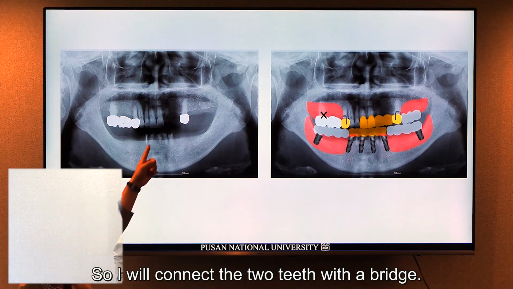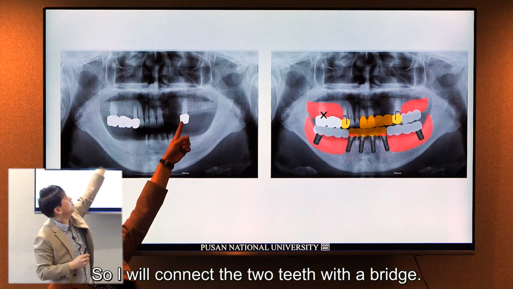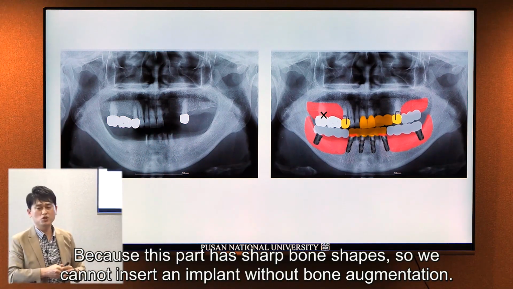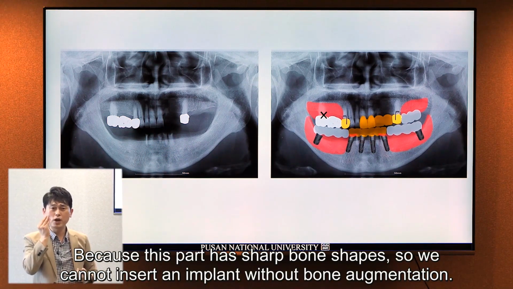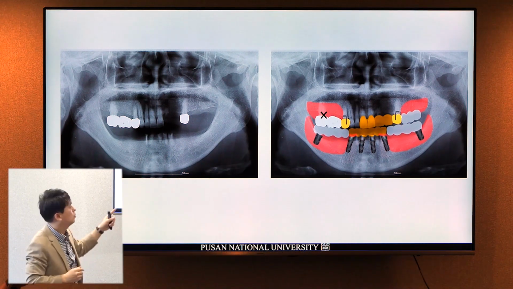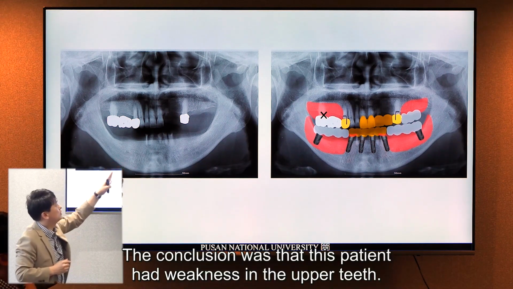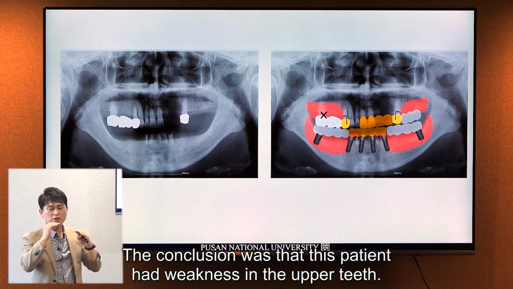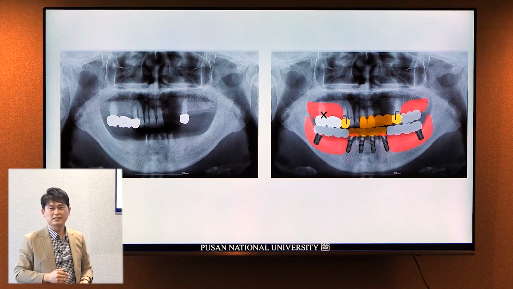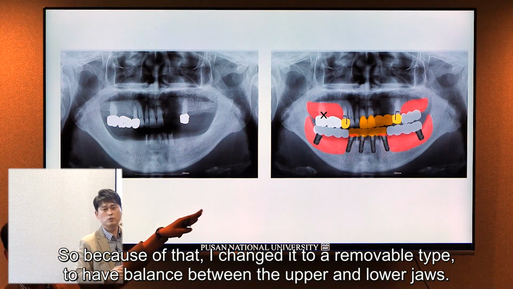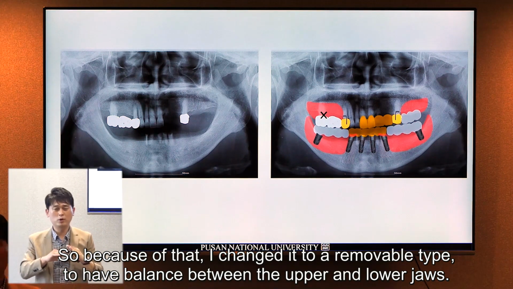I will connect the 2 teeth with a bridge because this part has sharp bone shapes, so we cannot insert implants without bone augmentation. The conclusion was that this patient has weakness in the upper teeth. Because of that, I changed to the removable type to make a balance between the upper and lower jaws.